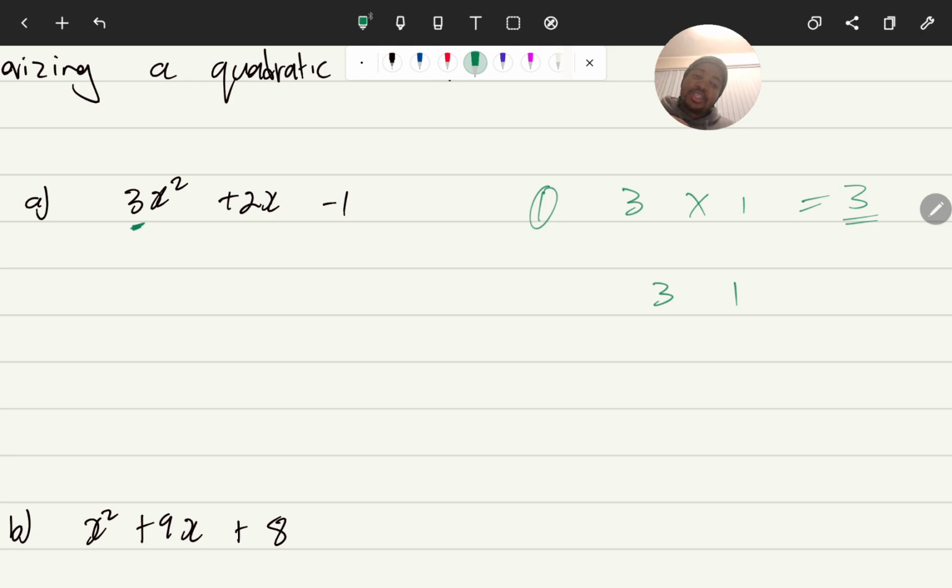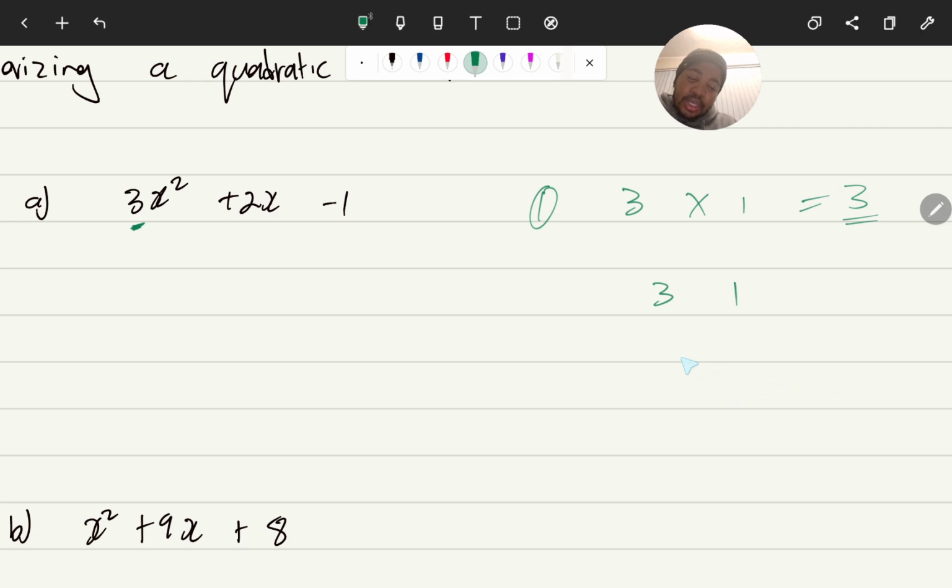When you write these factors, you write them in pairs. So you only have one pair here, which is 3 and 1. For 3 and 1, is there any way in which you could add or subtract them such that you're going to get positive 2? The answer is yes, because 3 minus 1 is positive 2.